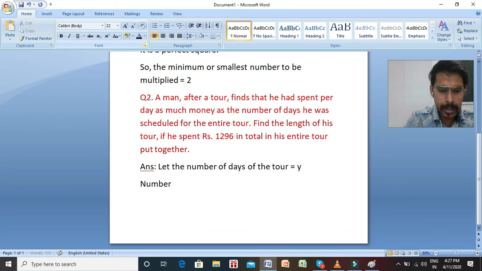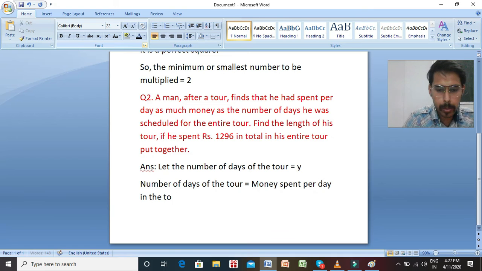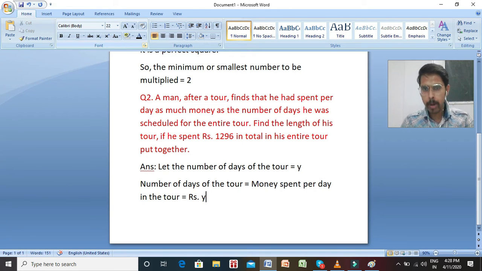So we can write, number of days of the tour is equivalent to money spent per day in the tour, so that is equivalent to rupees y. According to the question, it has been clearly said that the amount of money he spends per day is equivalent to the number of days he was scheduled for the entire tour. So automatically, if the total tour is for y days, the amount of money per day is also y.